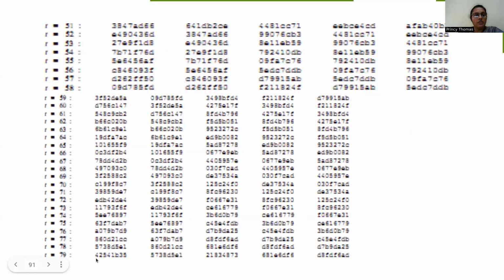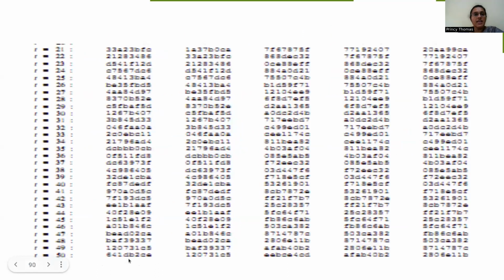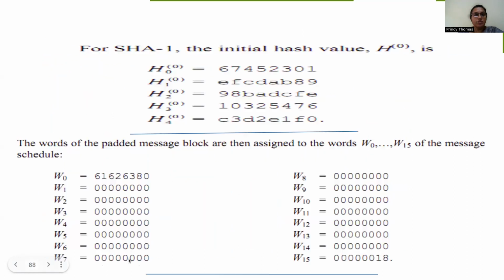The previous value is 42541B35, and that is added to this 67452301.